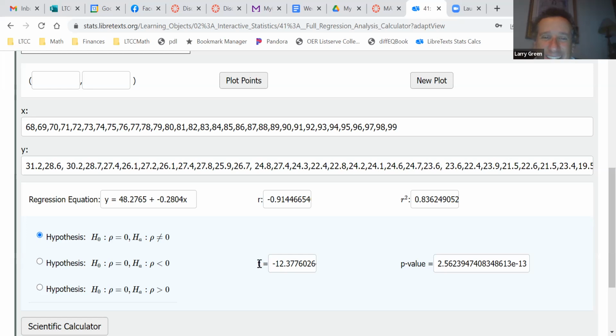But it uses the T statistic, the same statistic we use for measuring a difference between two means or a hypothesis test for a population mean. Remember that T? So it uses the same one. The reason why we're not going there. Got it? Okay. And the calculator will just give it to you.